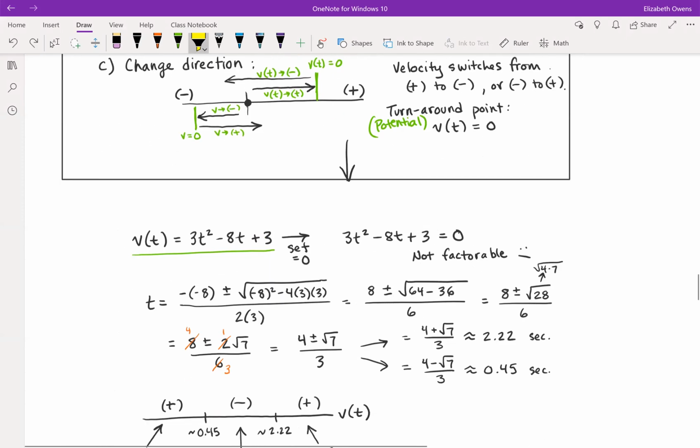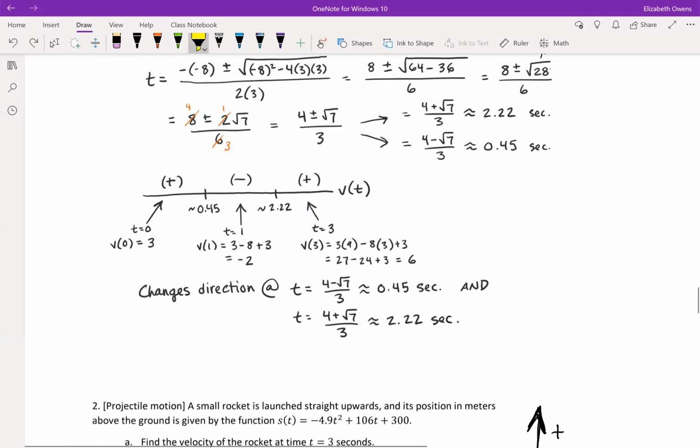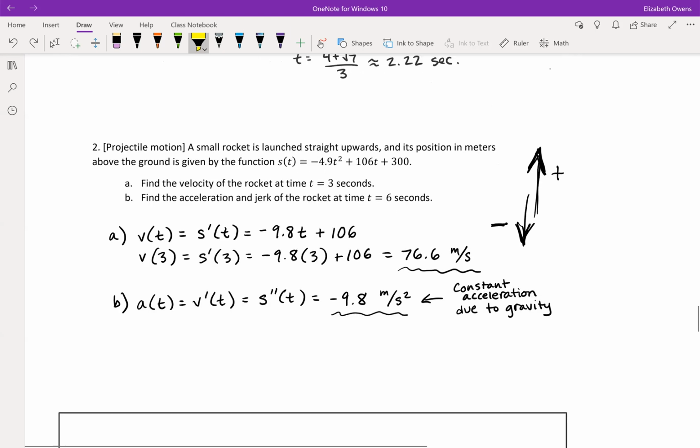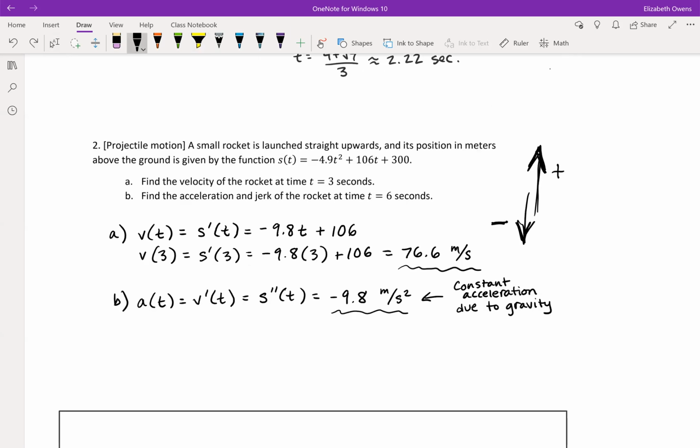Hopefully that makes some sense. That's our acceleration, due to gravity. Let's find our jerk. Oops, it does say one more thing before we get to jerk: time t equals 6 seconds.